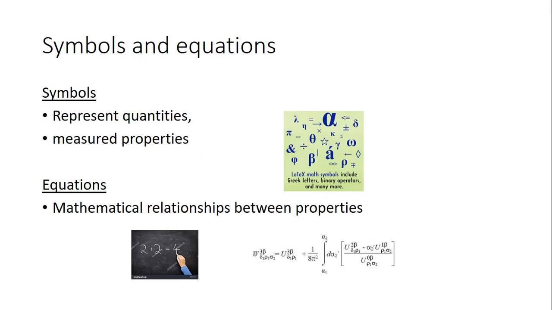Equations are mathematical relationships between properties, but what that really means is that equations are ways for scientists to simplify a sentence or a definition. For instance, let's look at velocity. Velocity is how fast you cover a distance or the rate a distance is covered. So the equation for velocity would be v equals delta x over t.